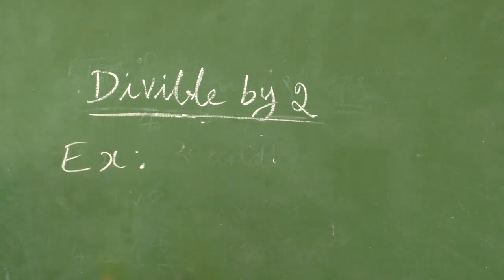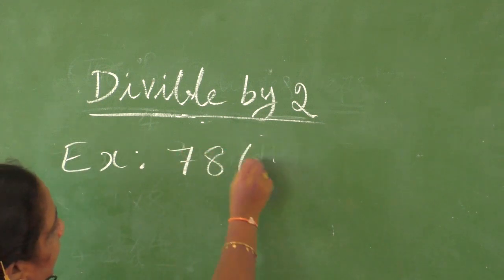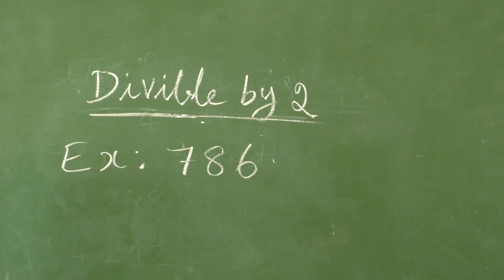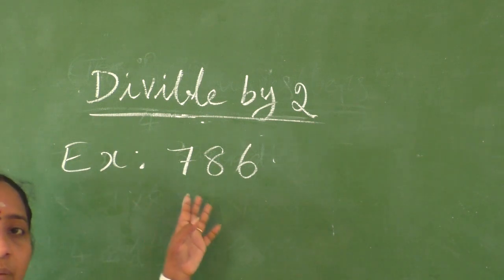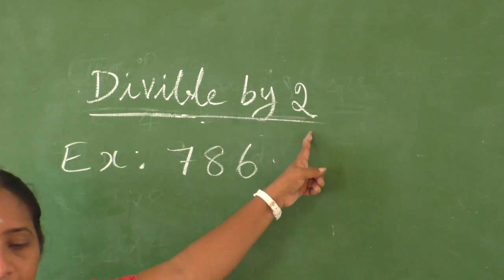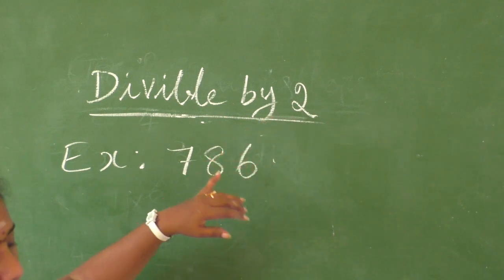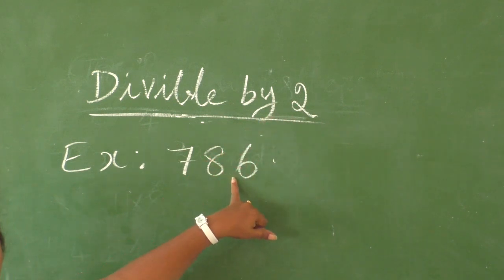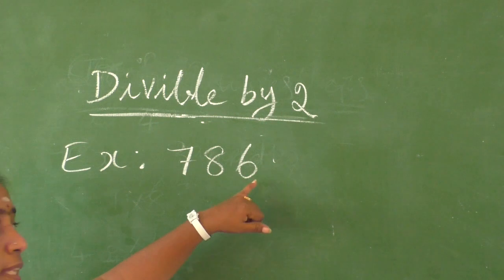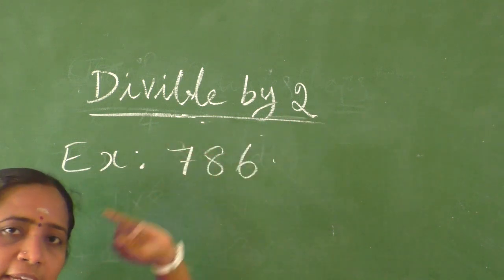For example, I am taking 786. What is the rule? Any number is divisible by 2 if the ones place is divisible by 2. Then the whole number will be divisible by 2.